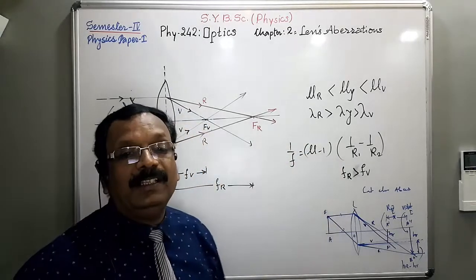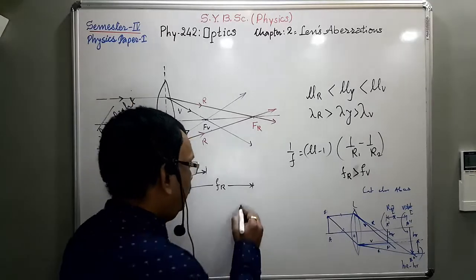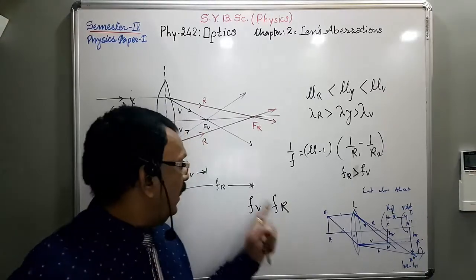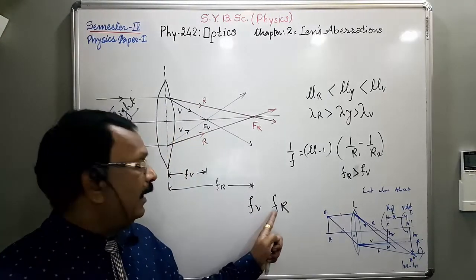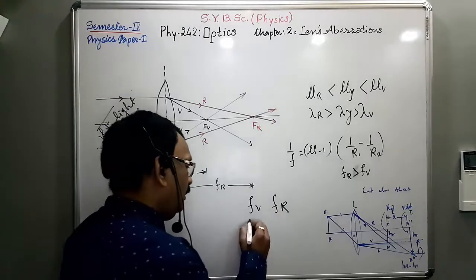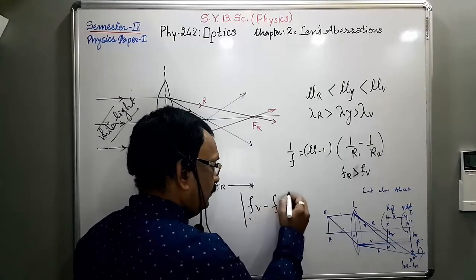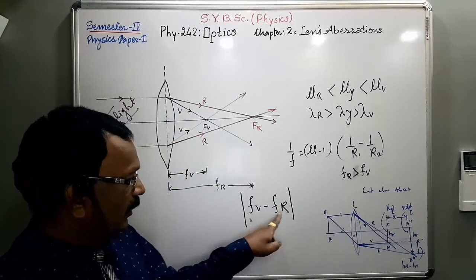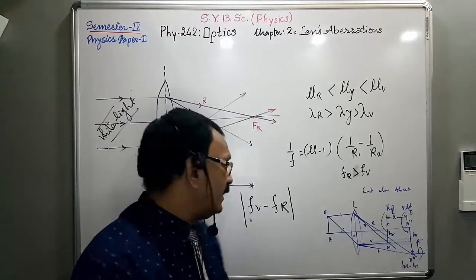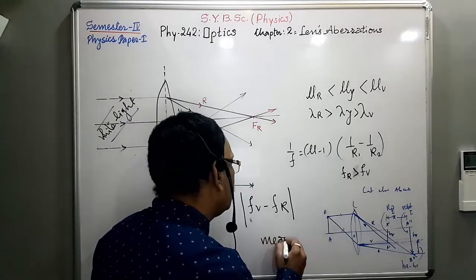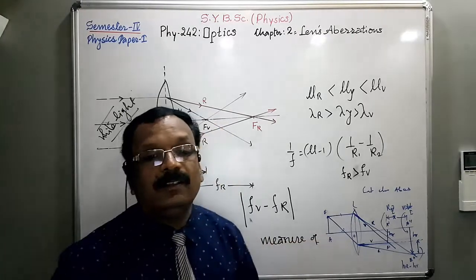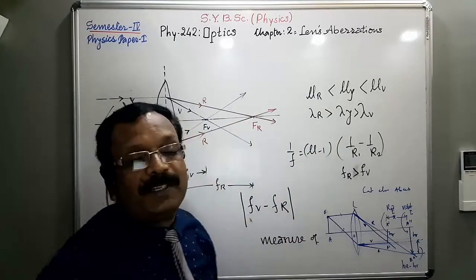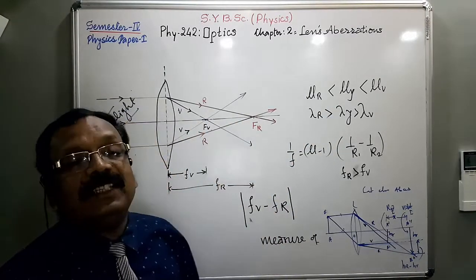If FV and FR are the focal lengths corresponding to violet and red rays respectively, then the difference between these two is taken as a measure of the longitudinal chromatic aberration. The larger the difference, the larger the axial chromatic aberration.